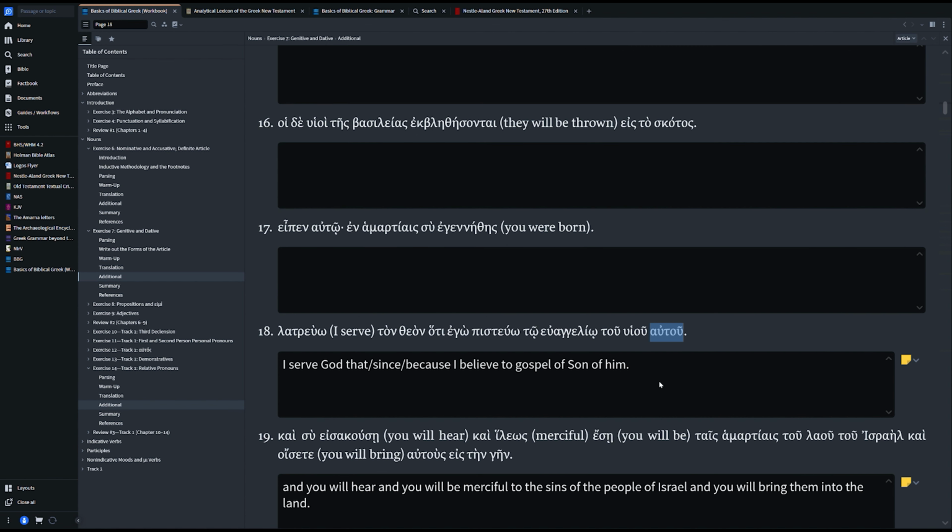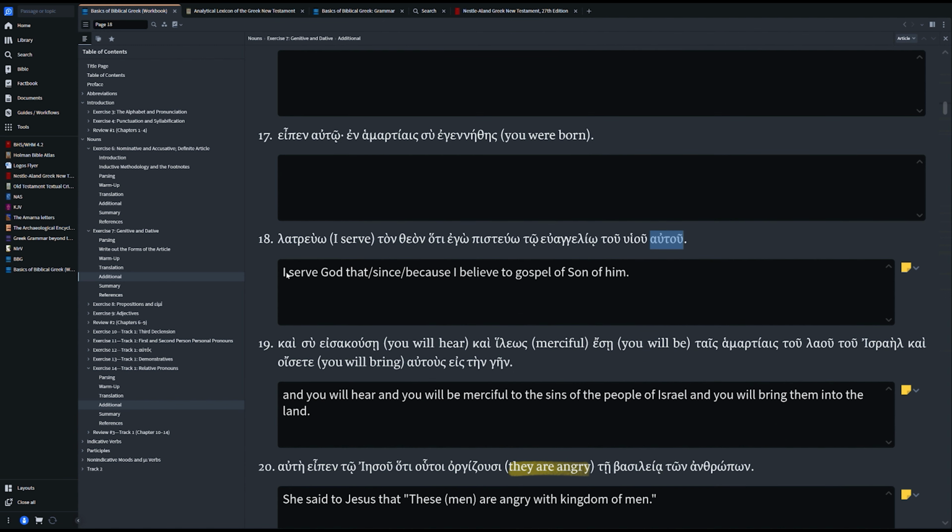So let's just go back and smooth this thing out again. I serve God. And I think because is probably going to make the most sense of this, maybe since. But let's just say because. That's why I wrote them all out. That helps a lot. If you know all the options of the words, that, since, because makes a little more sense here. I serve God because I believe not to the gospel of the Son of Him, but I believe in the gospel. I'm going to add the word the.